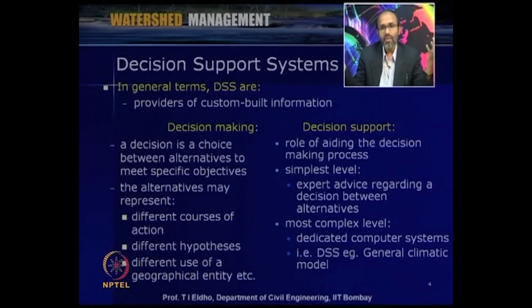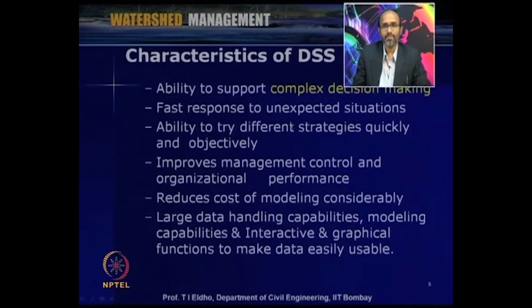For that, the decision maker can do various things as far as the system for which he is trying to take the decision. So, there is the process of decision making, and then the things which are helping to take the decision, the so-called decision support.